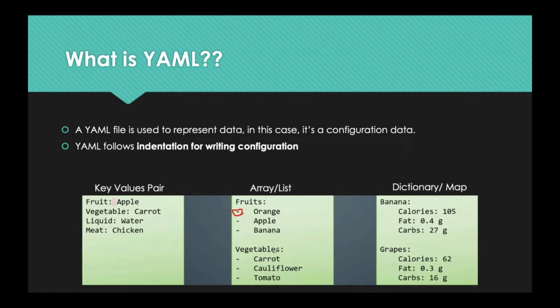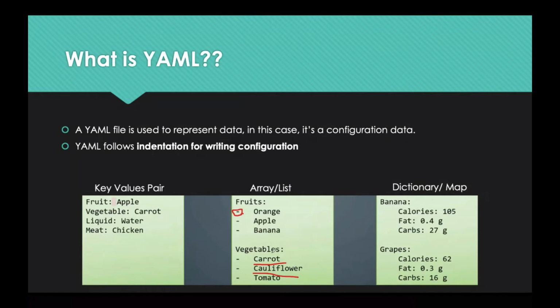Similarly, we might have multiple vegetables. Here they have used multiple vegetable names in array format. You just need to be aware that you should start with a new line, starting with the hyphen sign, and thereafter give one space, and you can start providing the values of that specific key.